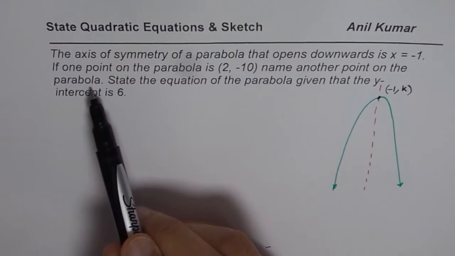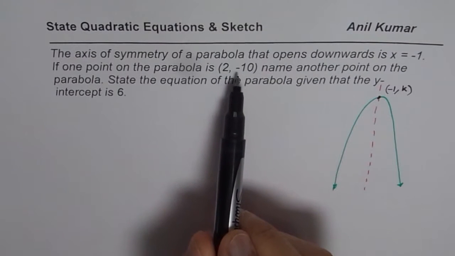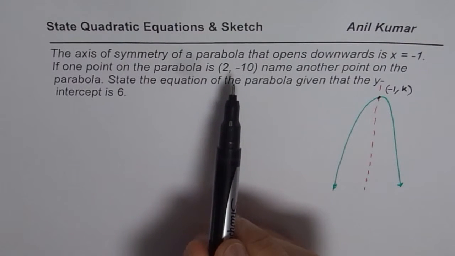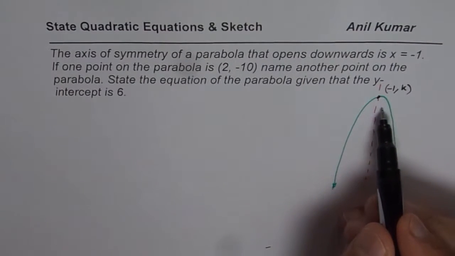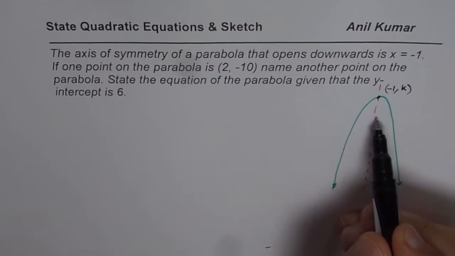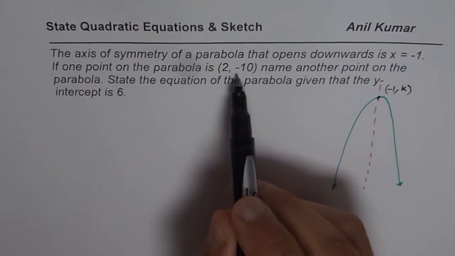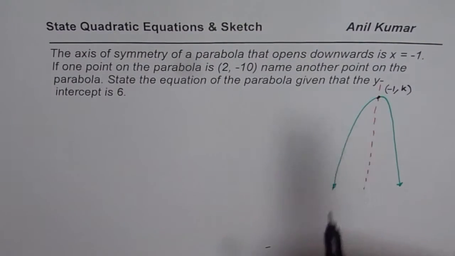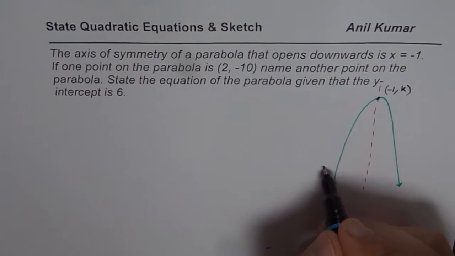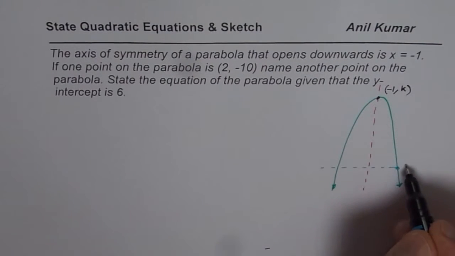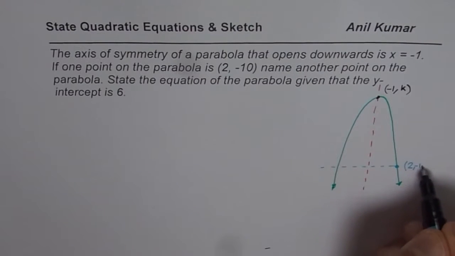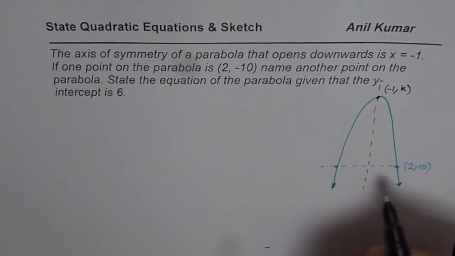Now if one point on the parabola is (2, -10), name another point on the parabola. If one point is (2, -10), it means from minus 1 it is 3 units away on the right side, and minus 10 is the y value. The other point will be the mirror image.